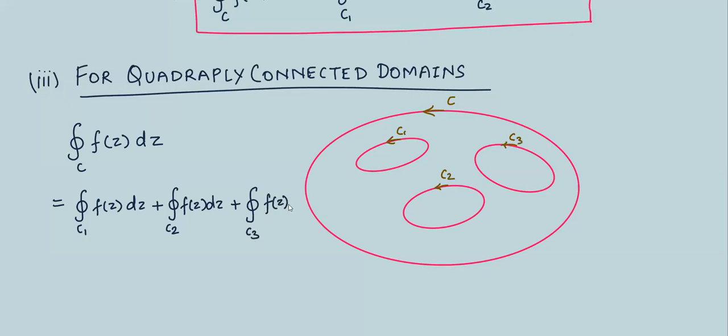Only condition is that they all have to be in the same direction. Anticlockwise means anticlockwise, clockwise means clockwise. Okay.